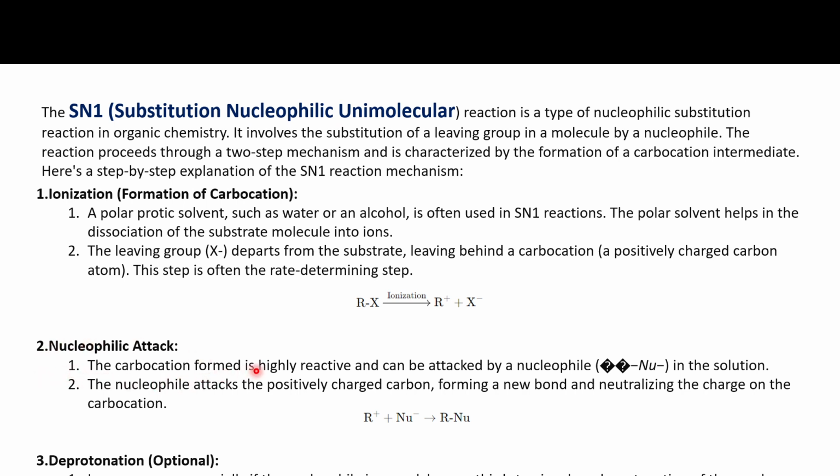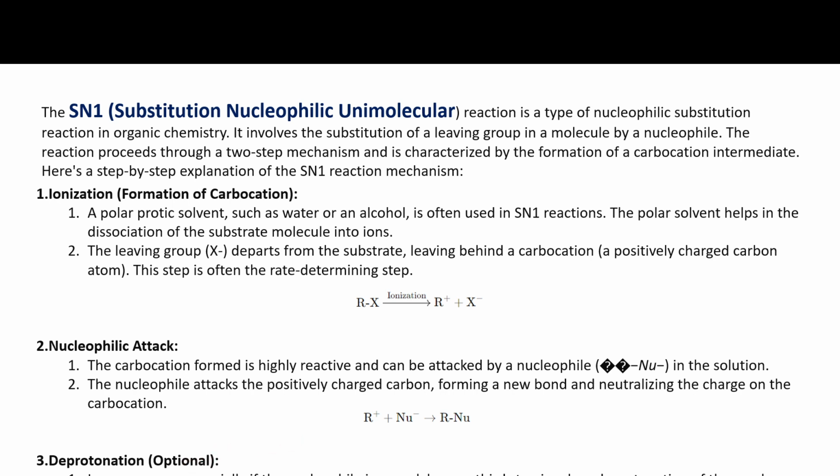The carbocation formed is highly reactive and can be attacked by the nucleophile. The nucleophile attacks the positively charged carbon, forming a new bond and neutralizing the charge on the carbocation, and you get a stable product.